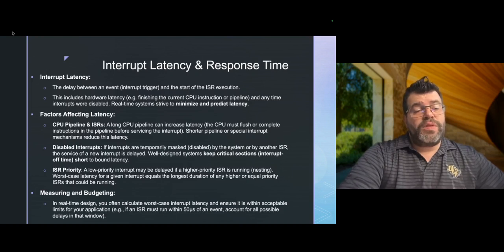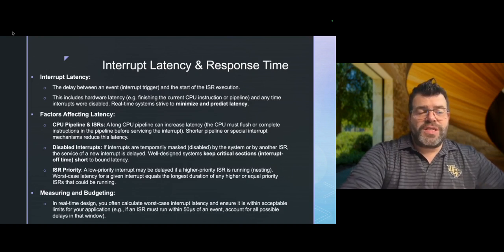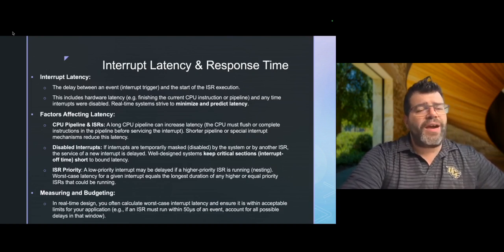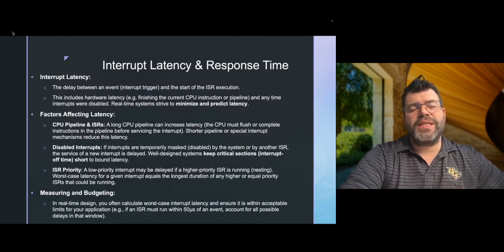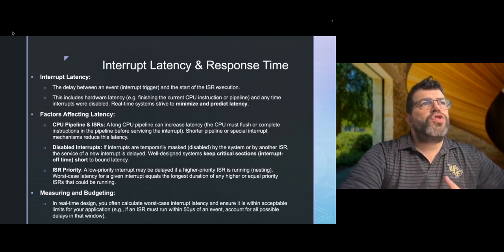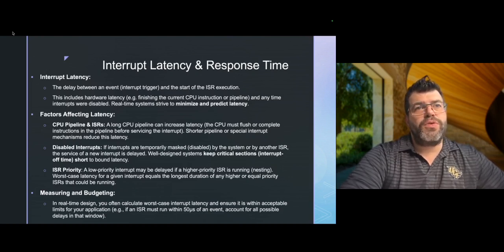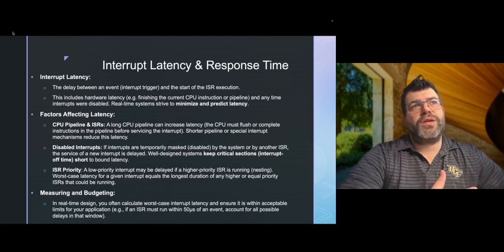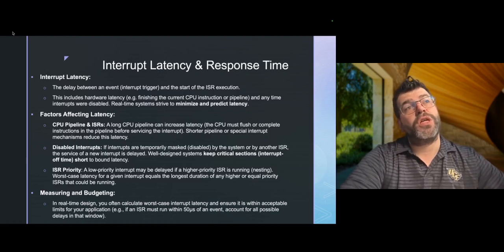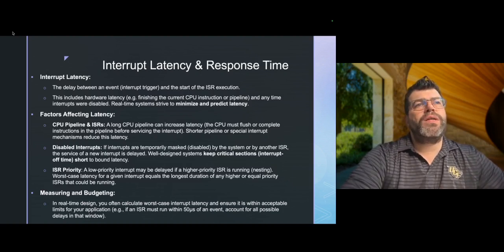Finally, when we talk about budgeting and measuring these things, you want to try to calculate the worst case interrupt latency, right? So usually, again, you're using an interrupt because you need something to be done within a very specific amount of time that you can compute and calculate. So you have to look throughout all your code, right? Because an interrupt can happen at any point in execution. And you need to look at, if you look at the things above, are you disabling interrupts anywhere?